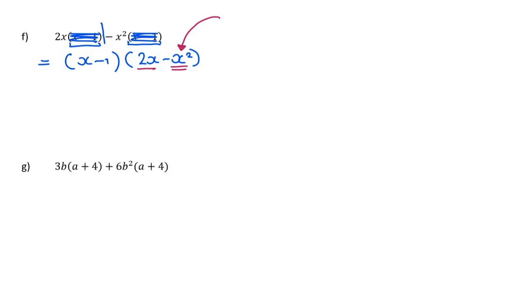I call this the left behind bracket. Once I've taken out my highest common bracket, I call this the left behind bracket. Now the only problem is we always have to check in that left behind bracket, is there still a highest common factor? Because I was only thinking about my highest common bracket. I wasn't thinking about other highest common factors.